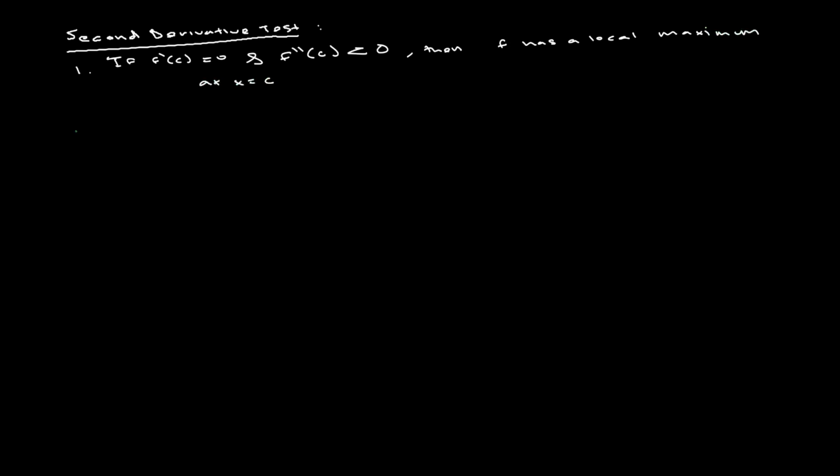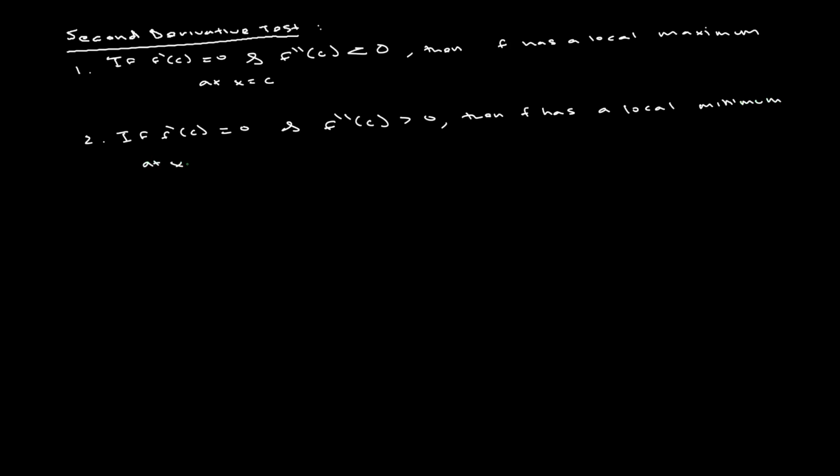And secondly, if f prime of c is equal to 0 and f double prime of c is greater than 0, then f has a local minimum at x equals c.